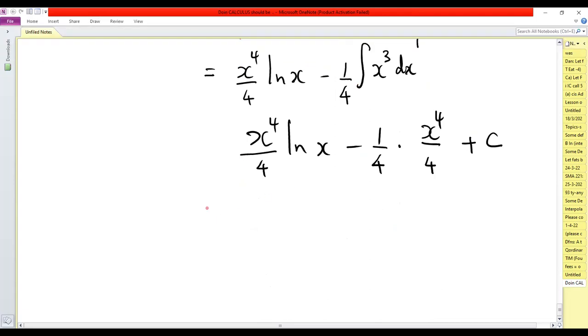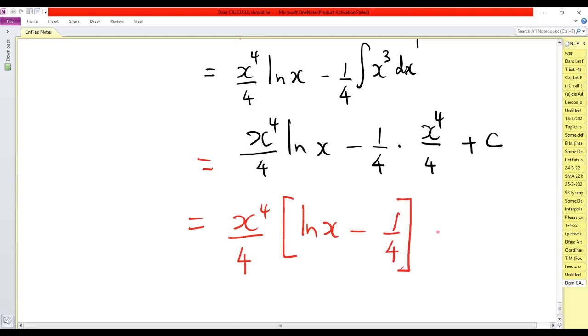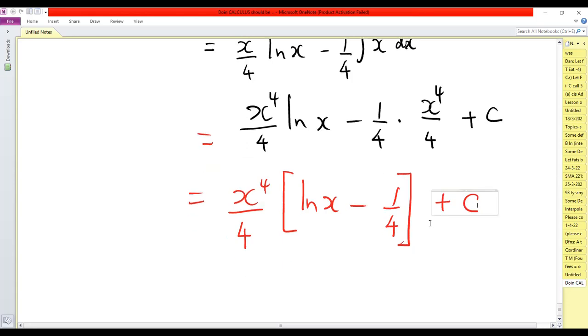So this will be the same as x power 4 over 4. Actually, I can factor it out and write this as ln of x minus 1 over 4, and then plus c. That's one way you can write the solution.